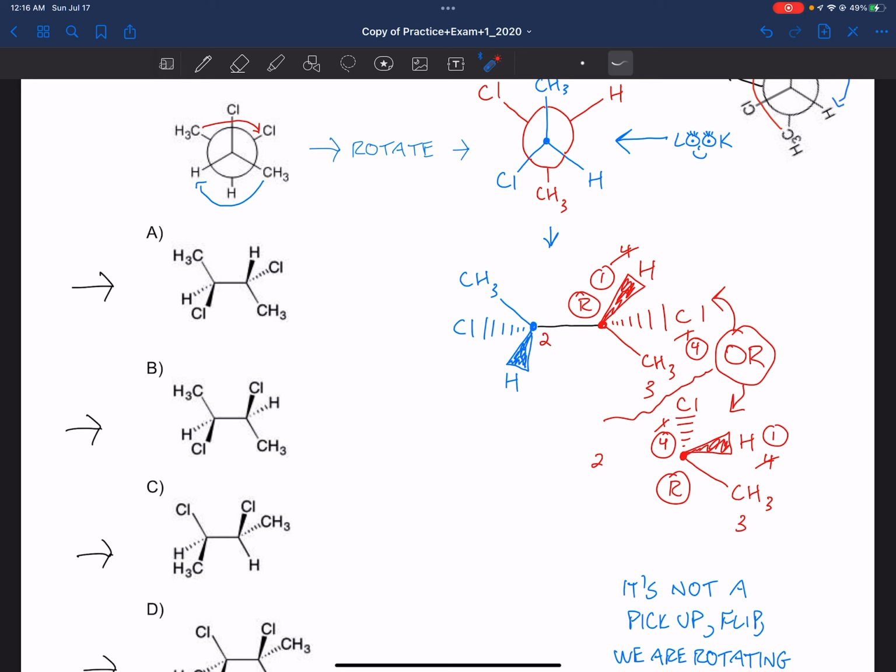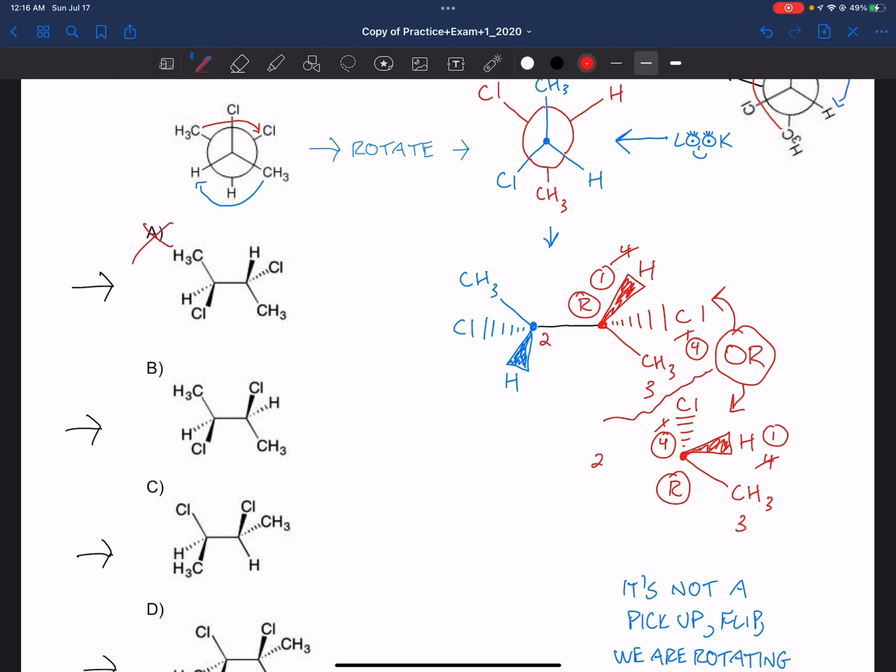We could rotate this bond, but then we really can no longer compare the two. So just the fact that we see chlorine and a hydrogen coming towards us with the methyl groups in line, we know that that's impossible. These cannot be the same exact compounds, right? So I'm going to X out A.